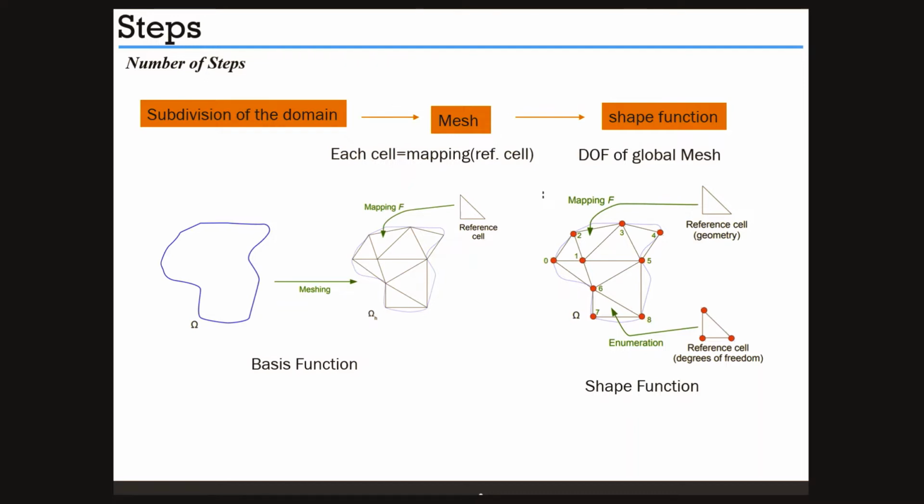If we evaluate this mesh, we can get the shape function that defines the degrees of freedom of a global mesh. Also, if we enumerate this area, then we can also get the area or other properties globally.